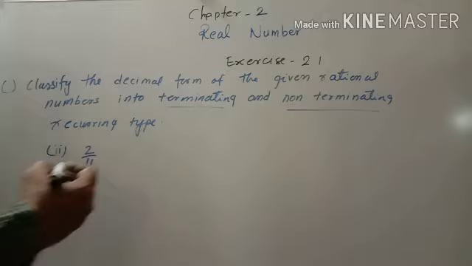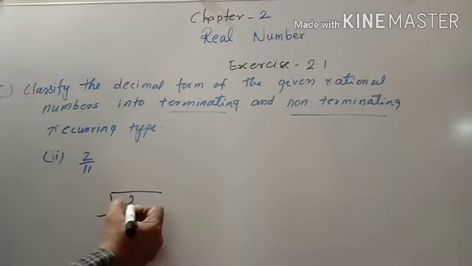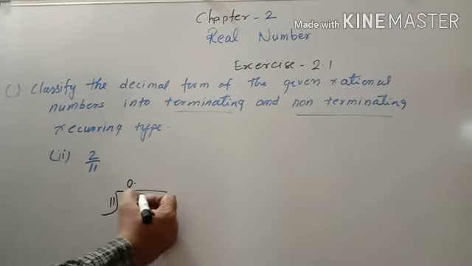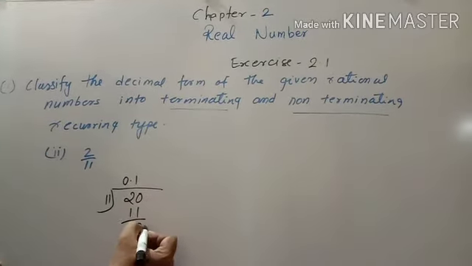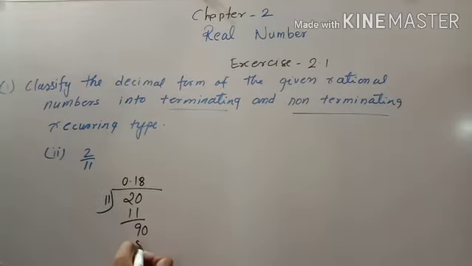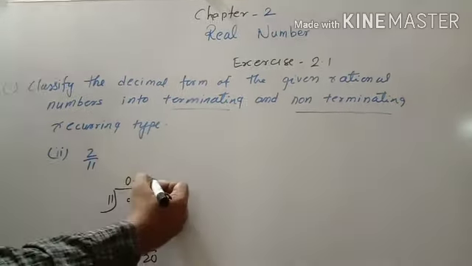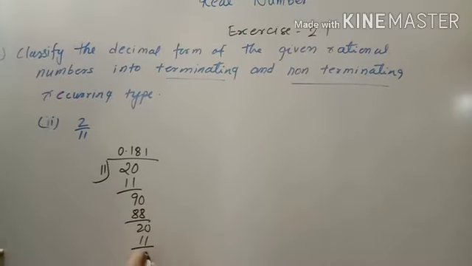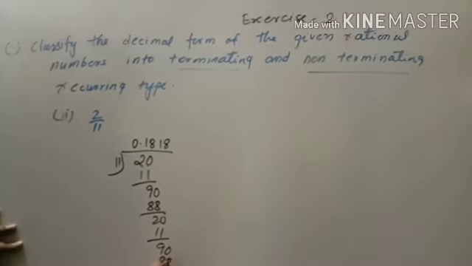So the second one is 2 upon 11. So we divide 2 by 11. 11 goes 0 point, then 11 1s are 11. The remainder is 9. 11 8s are 88. The remainder is 2. Again put 0. 11 1s are 11, remainder 9. 11 8s are 88. Again 2.